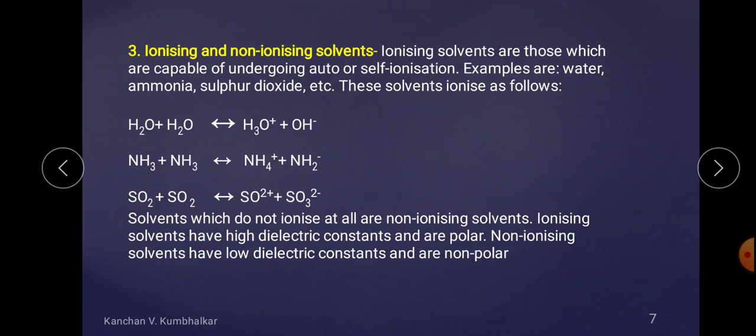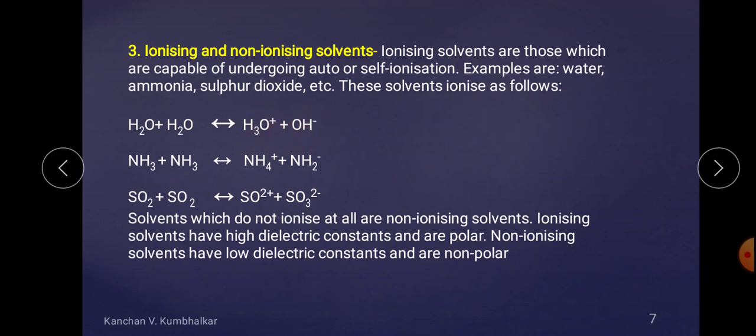For example, water. In this, three examples have been shown. First one is water, second one is ammonia, and third one is sulfur dioxide. Now water, if we take 2 moles of water, then it splits up into 1 mole of H3O positive ion and another is the OH negative ion. A cation has been formed and another is the anion.